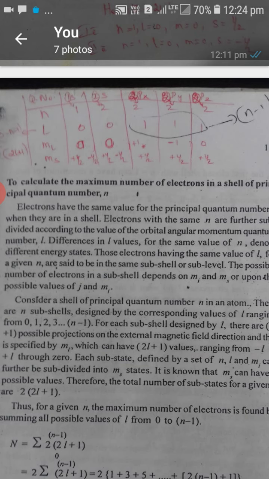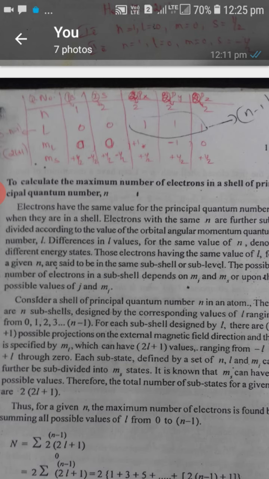The possible values for the one orbital are n equal to 1, l equal to 0. You see this tabular column: ml equal to 0, then ms equal to plus half.